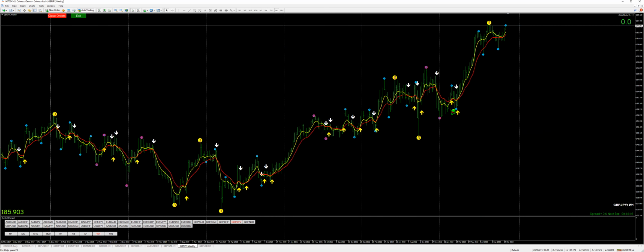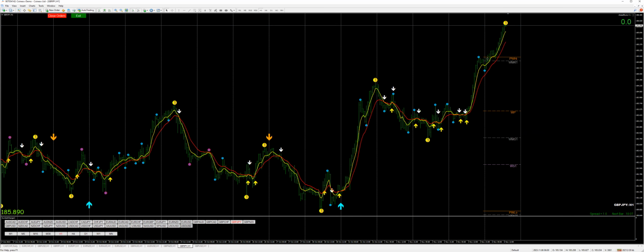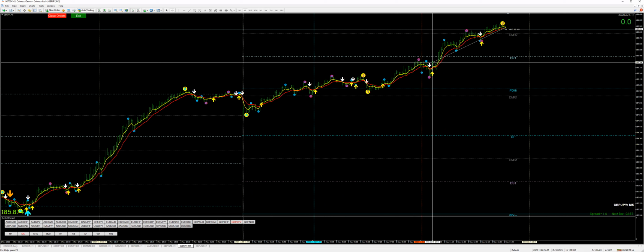I can go through all the pairs, but basically you're getting the idea. The weekly is bullish. Daily is bullish. H1 trade. Here's a trade. There's no clear entry here, so you drop it down to the 5-minute, and the entry is right here. That's 50 pips.